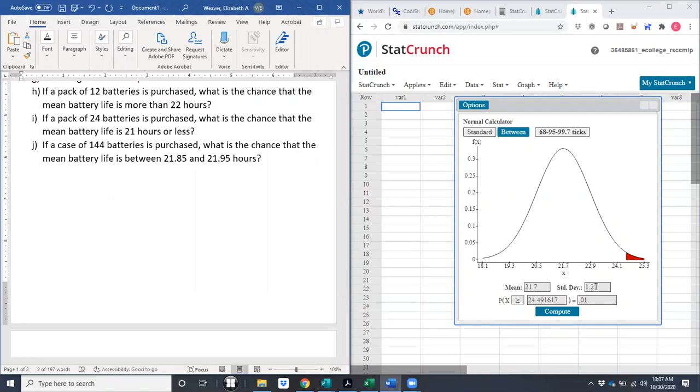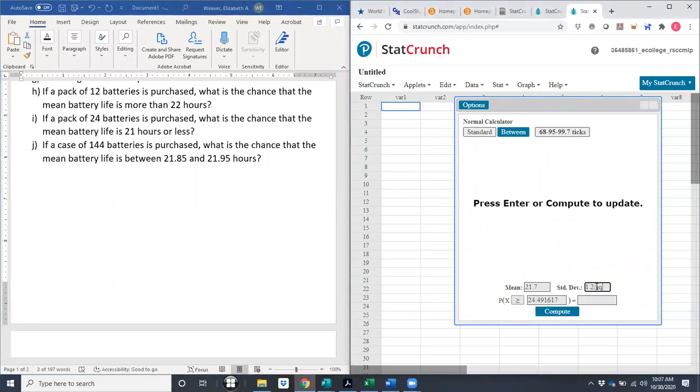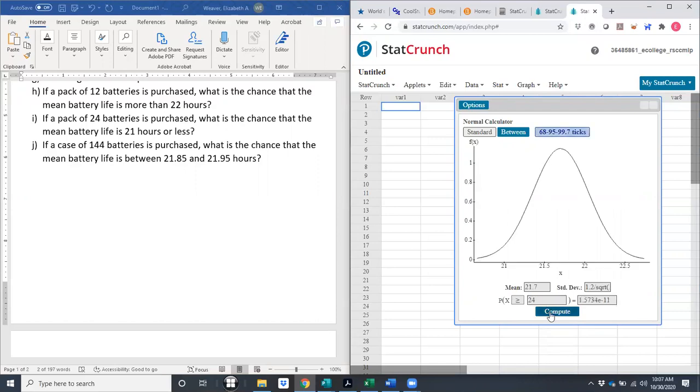The standard deviation of the sampling distribution is the standard deviation divided by the square root, and you literally can just type out SQRT, set of parentheses, and in this case, the sample size is 12, so square root of the sample size. Now, I do want greater than, and before we do 22, I want to do 24 just so we can compare. Just a sample of 12 versus 1.